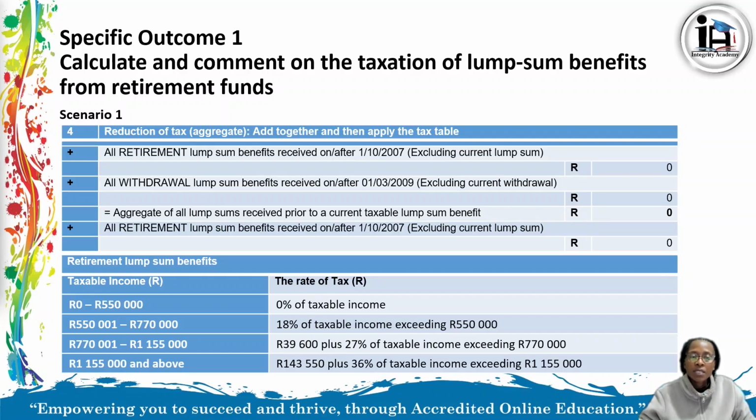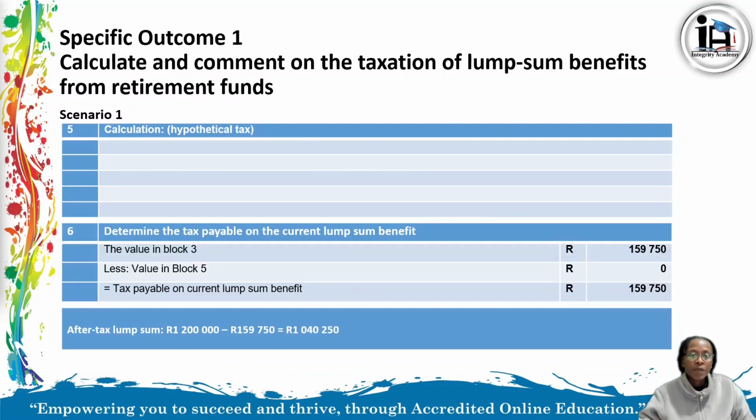Then the aggregate of all lump sums received prior to the current taxable lump sum benefit is also zero. And then we add all retirement lump sum benefits received on or after, which is zero. Then we use the retirement lump sum benefits tax table given there.